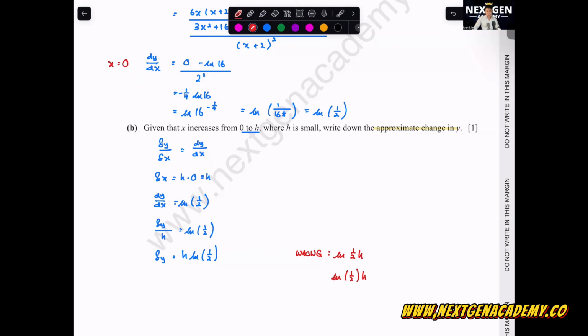Understand what's the difference? This one will indicate, because you don't know whether the h is part of the ln or not. It's a very vague expression. Normally they won't accept it. So you all have to be careful when we want to multiply by a value to a ln or a log. If it's not part of the argument, don't write it behind. Write it in front, to be safe.